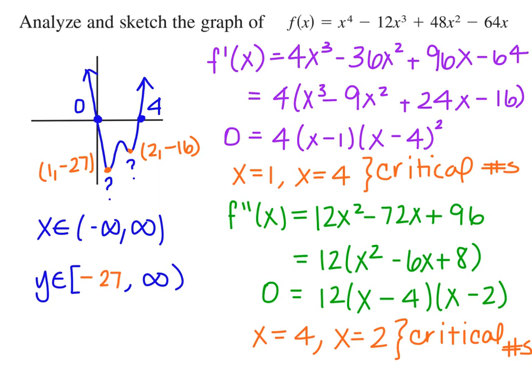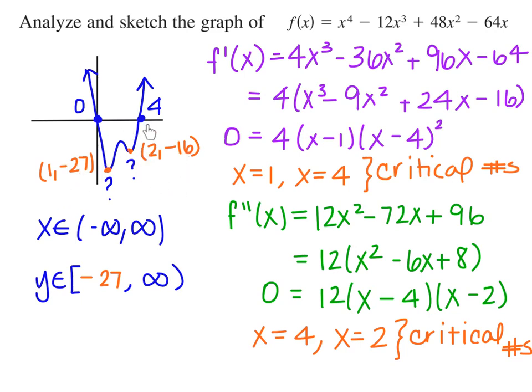So 1 must be one of these dips over here, and that 4 obviously is my intercept. So then I take my second derivative, and luckily this is a quadratic. I could pull out a 12, I can factor this, I don't have to do any extra stuff there. So I have two critical numbers here. I've got 4, which I already know from that intercept, and positive 2. So when I plug in 1 and 2 into my original function here, I get an output of negative 27 for f of 1 and negative 16 for f of 2.